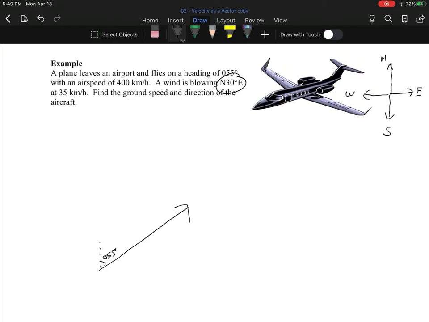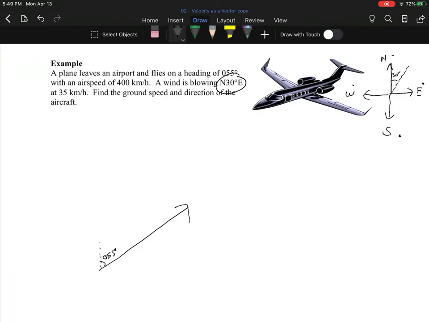Maybe you don't know your north, east, south, and west. The one I know is never eat shredded wheat. Now, that's an out-of-date acronym because I don't know if I've even seen shredded wheat around in the stores. It's an old cereal. But that's the one I know. You can make up your own acronym for knowing which way north, east, south, and west are. But in this case, they said start at north and then go 30 degrees east.